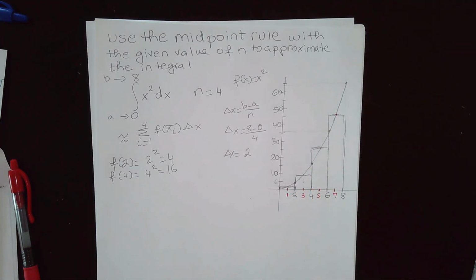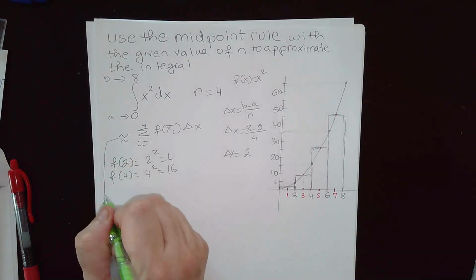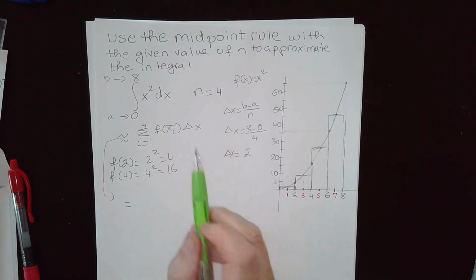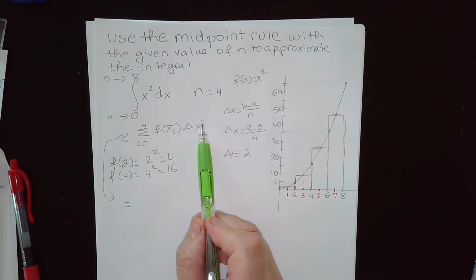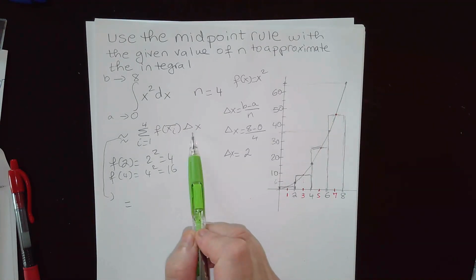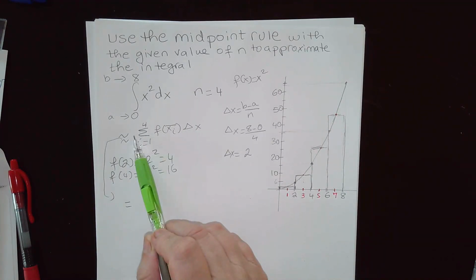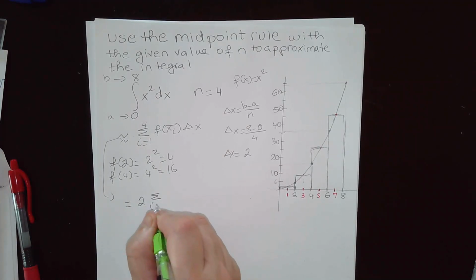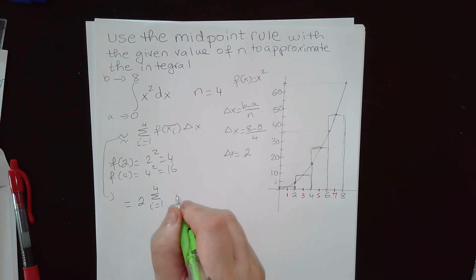So how do we approximate the integral using 4 rectangles? This is going to be equal to, the width is 2, so since the width is fixed, you can take it out. So this is the same as 2 times the sum of i equals 1 to 4 of f of x_i, the midpoint.